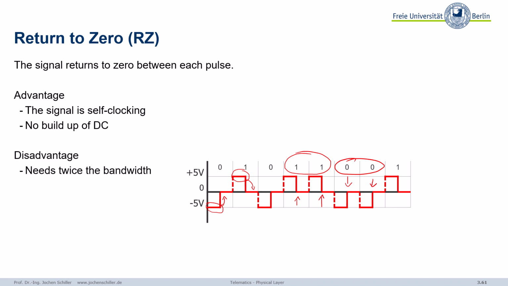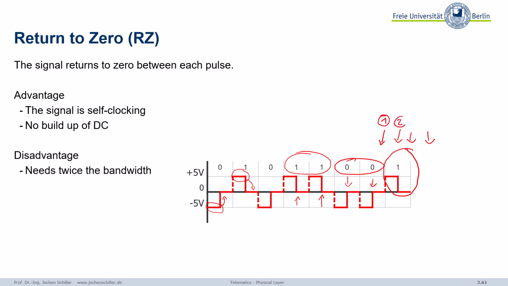The problem is we need twice the bandwidth. Why? Well, look, for example, here coding the 1. We have here one transition from 0 to plus 5 volt and another one from plus 5 volt to 0. Then, depending on the following signal, we again have a transition here and a transition there. But per interval, we have 2 transitions.